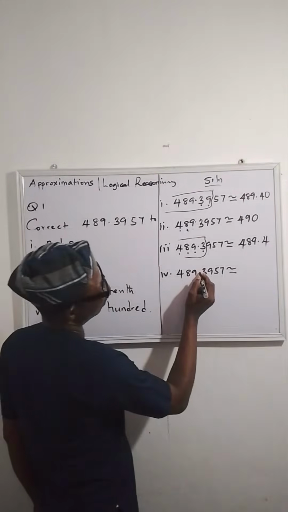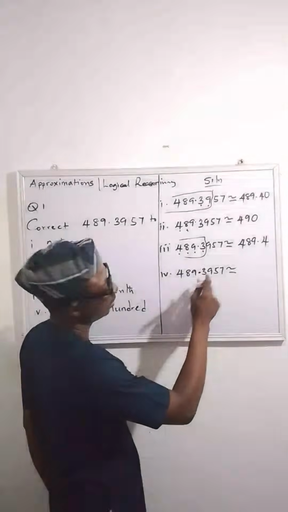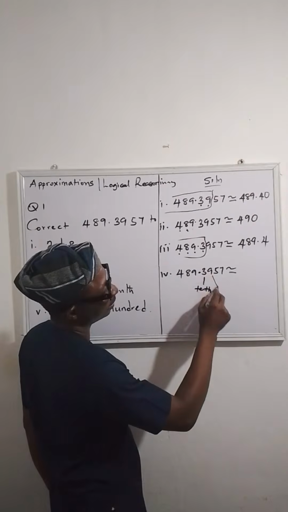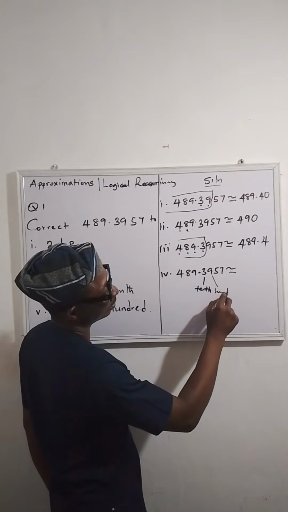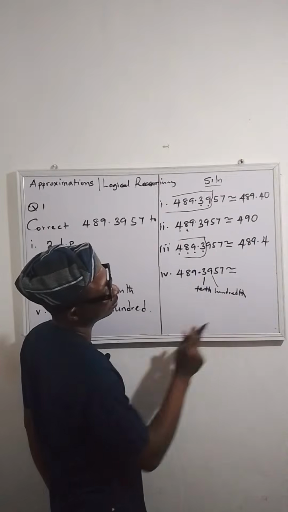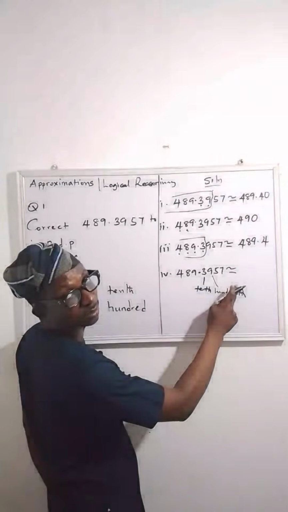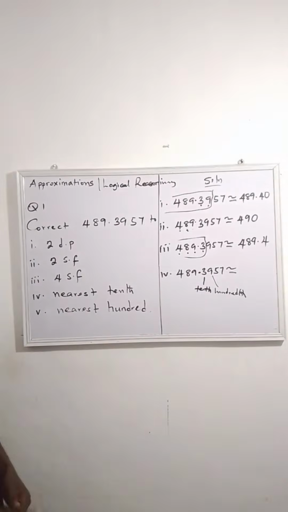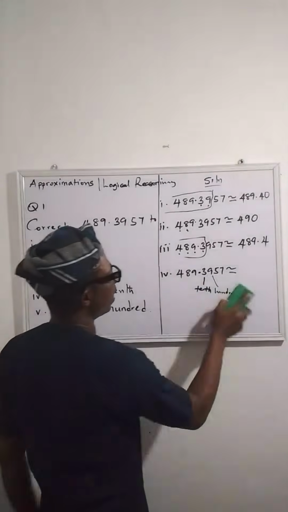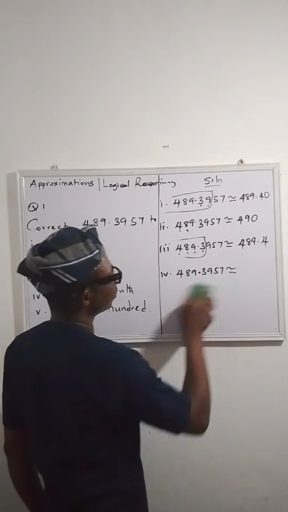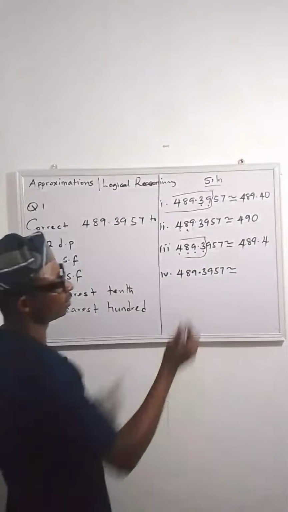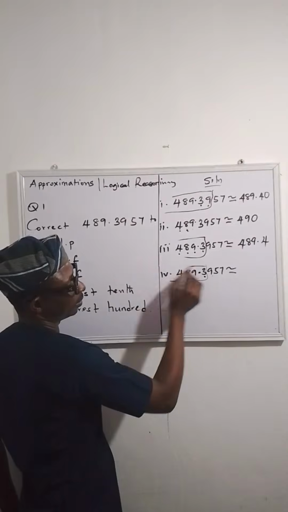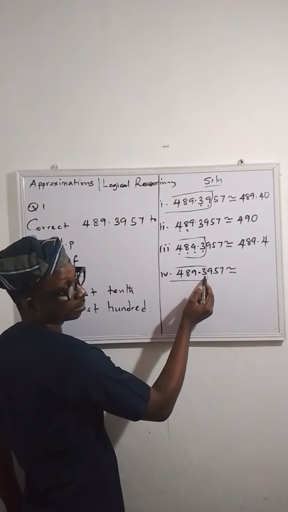After the decimal point, the first digit we have is at position tenths, followed by the next one, which is hundredths, followed by the next one, thousandths, next one, ten-thousandths, and so on. So this question now wants us to correct this to the nearest tenth. So now the nearest tenth is this 3. So this is what I'm writing here.